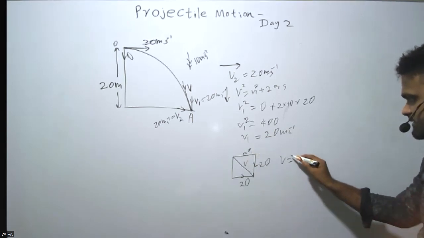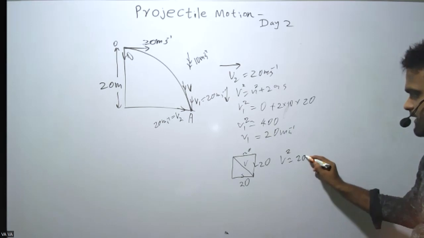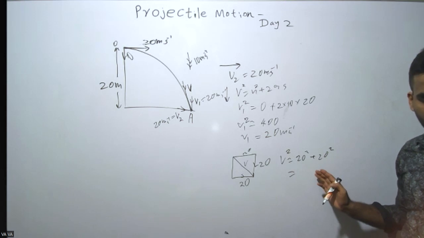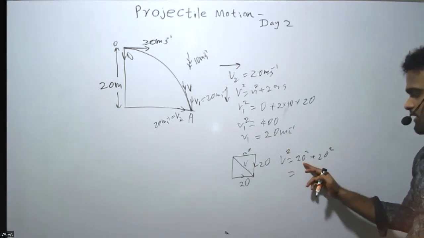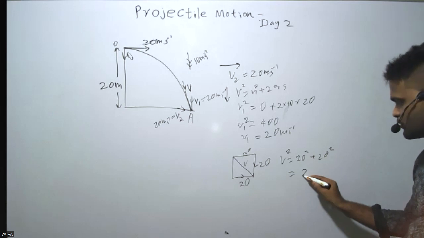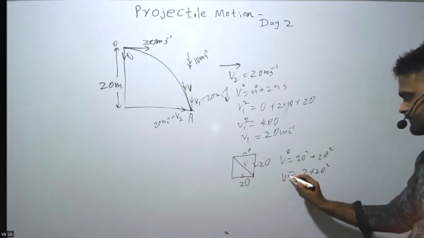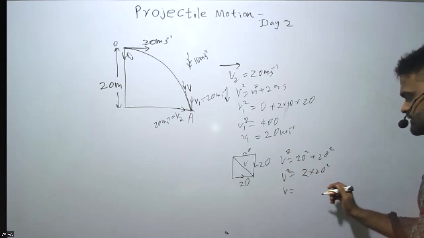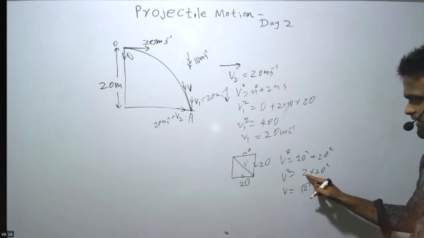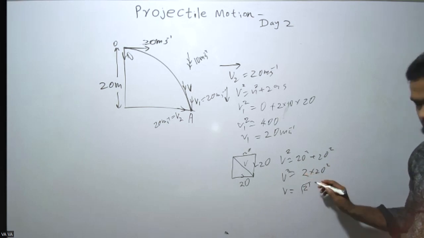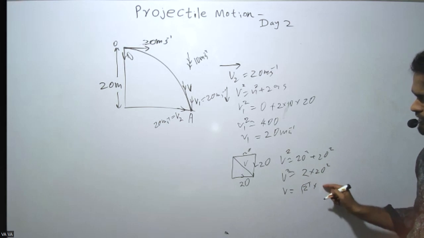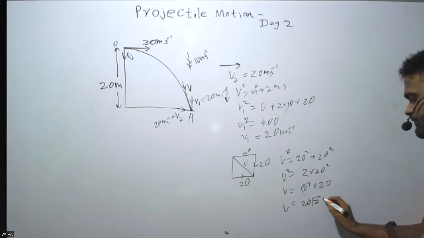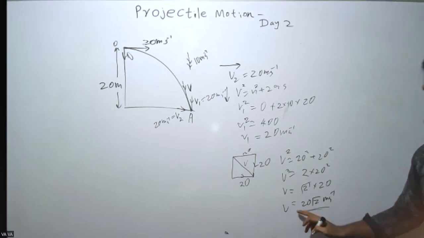V squared is going to be equal to 20 squared plus 20 squared. These are vectors. This is about finding the resultant, right? So V squared is 2 times 20 squared. Take the square root of both sides. This becomes root 2, and the root of 20 squared becomes 20. So V is just 20 root 2 meters per second. This is the resultant velocity.